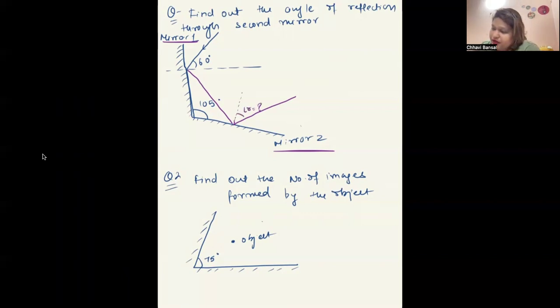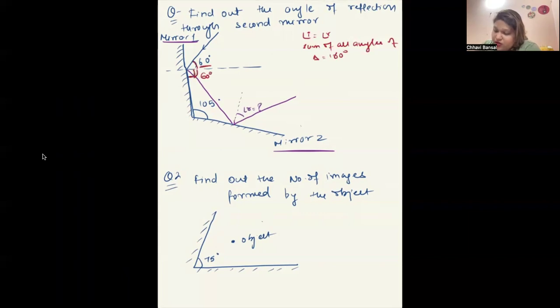So let's see. Let me take a red color. First, there are two principles: angle I equals angle R, and the sum of all angles of a triangle is equal to 180 degrees. So if this is angle I, this is going to be angle R for this ray, first mirror. So if this is 60 degrees, this is also going to be 60 degrees, right?